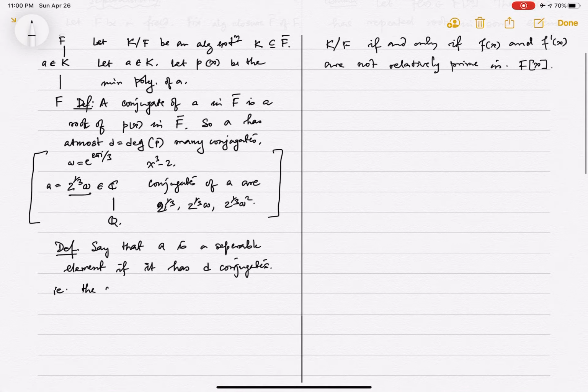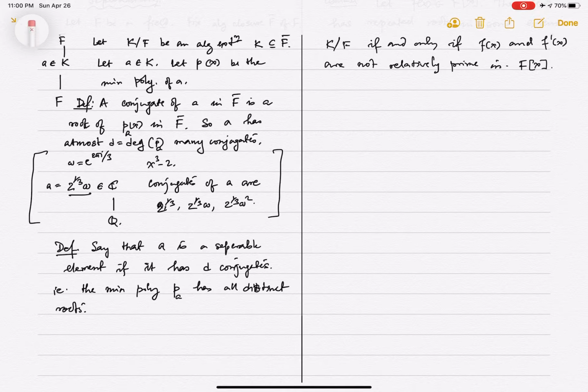i.e. the minimal polynomial, let's call it P sub A, has all distinct roots. Sometimes the word separability is also applied to a polynomial. You say a polynomial is separable if it has all distinct roots.